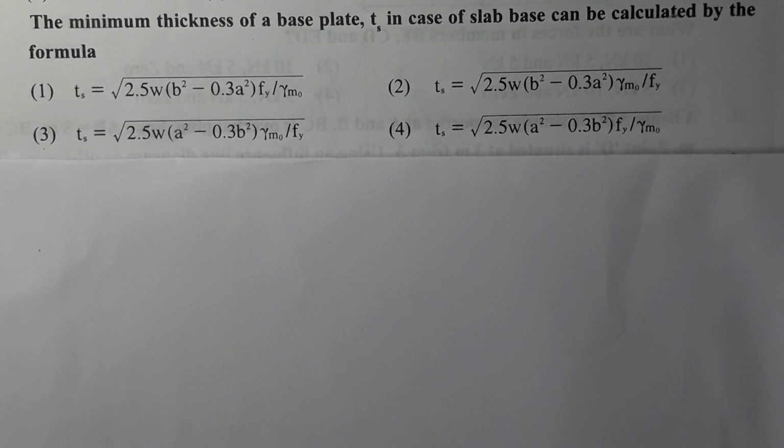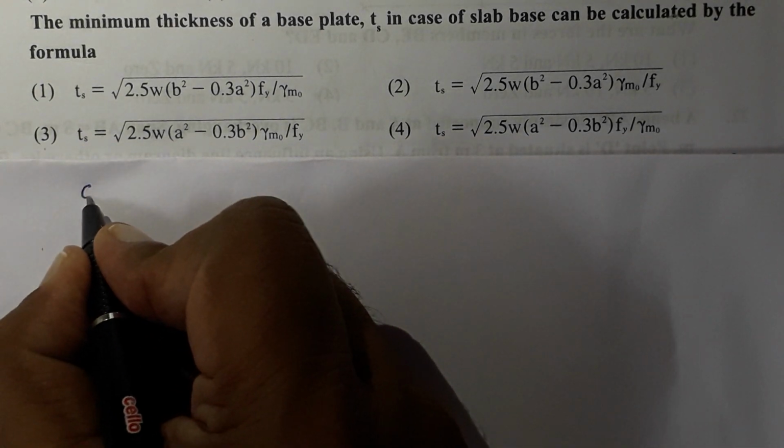Next question, the minimum thickness of a base plate TS in case of slab base can be calculated by the formula. Now in order to have the correct option in this case, we will have to refer to IS 800 clause 7.4.3.1.